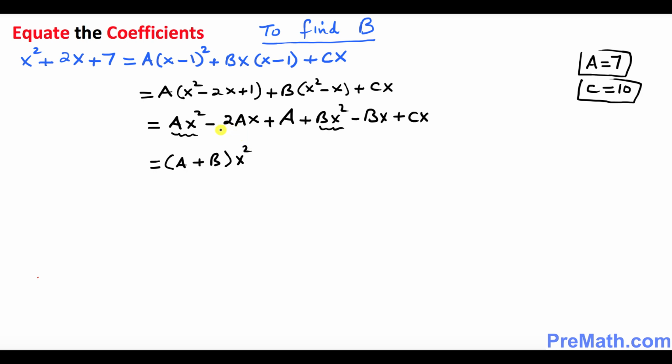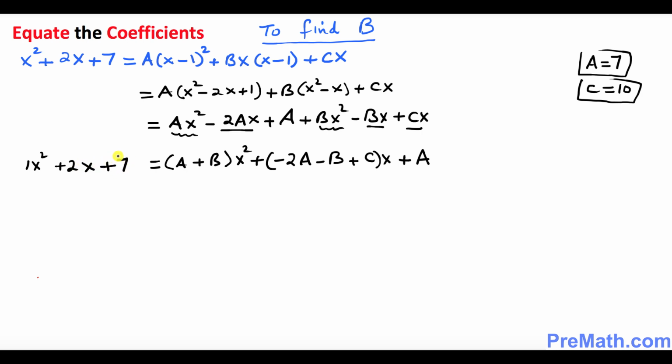Now look at the x term, I can write (minus 2A minus B plus C) times x, and finally we have plus A as a constant term. And on the left hand side I can write 1x squared plus 2x plus 7.